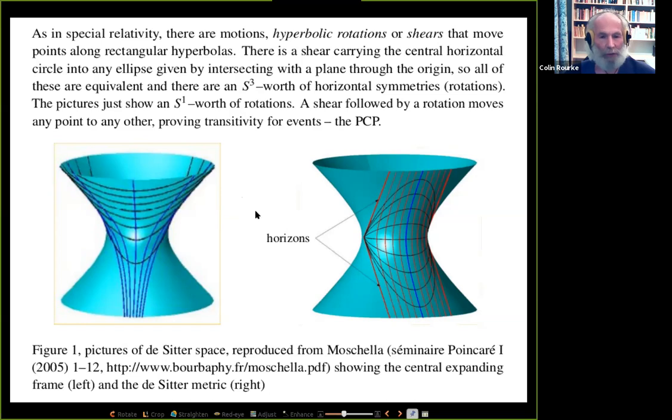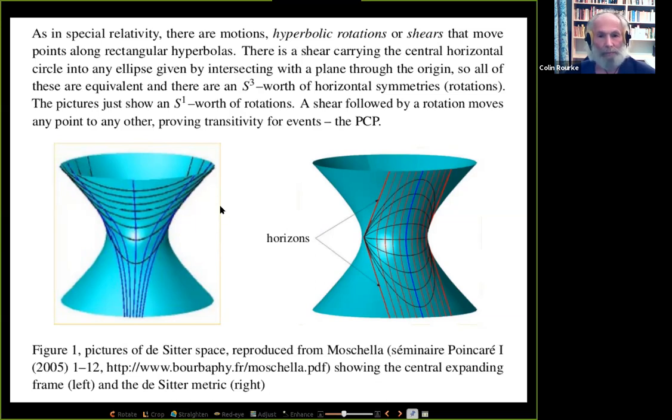The metric's all wrong. If you take a vertical slice through it, it's ordinary special relativity in 2 dimensions, which you may be familiar with, where you have time and space, and you can move along a hyperbola. So this hyperbola here, you can move along it.